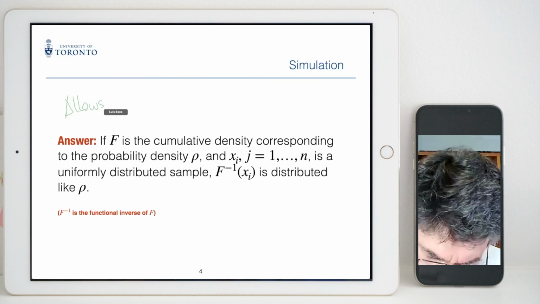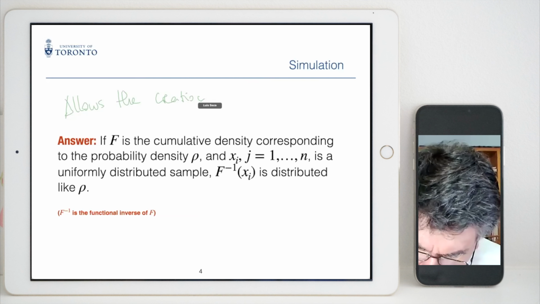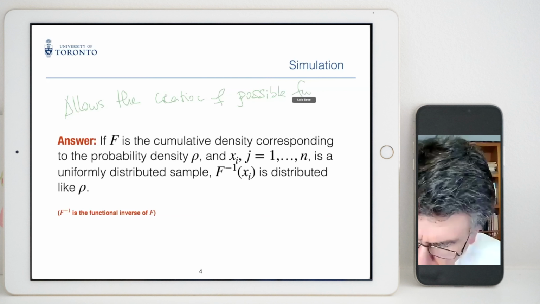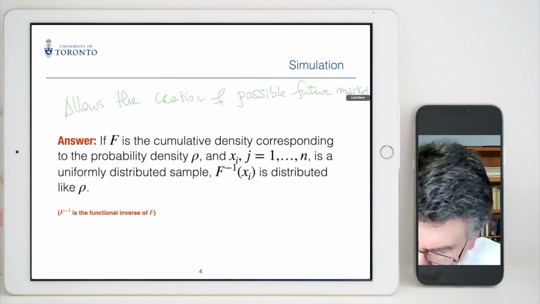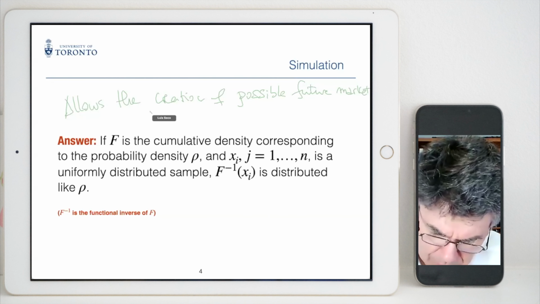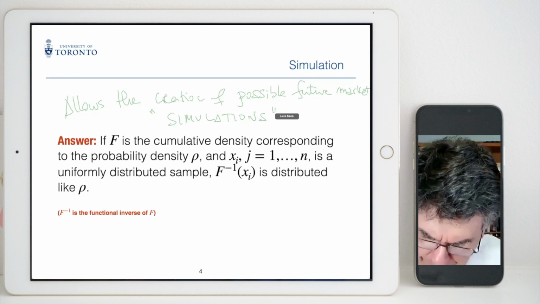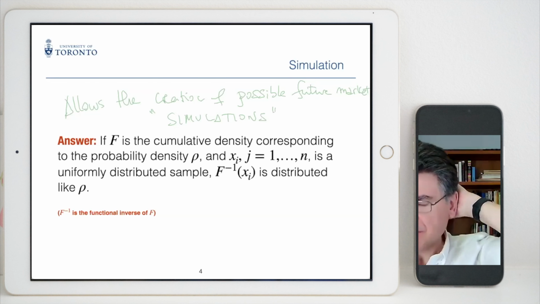So this is simple, and this is very relevant because this allows the creation of possible future market conditions simulations. Simulations, we saw the relevance in risk management last week.